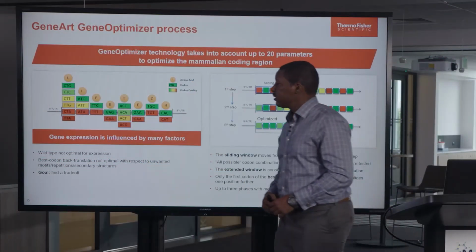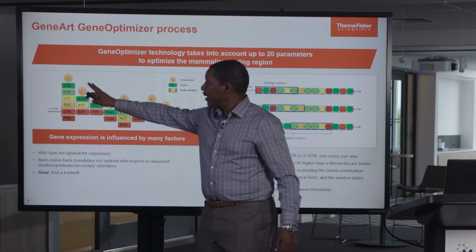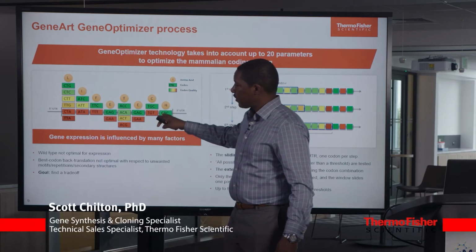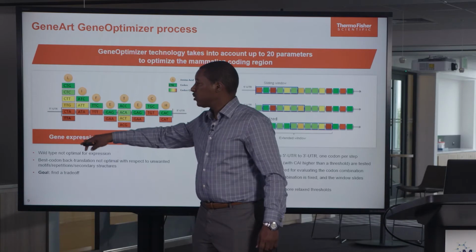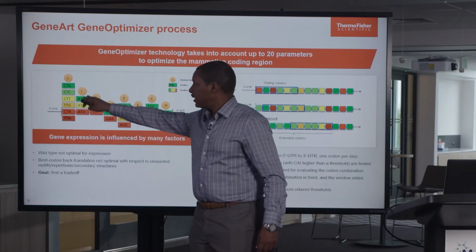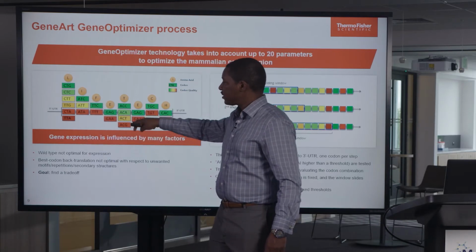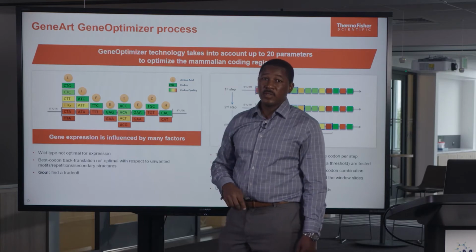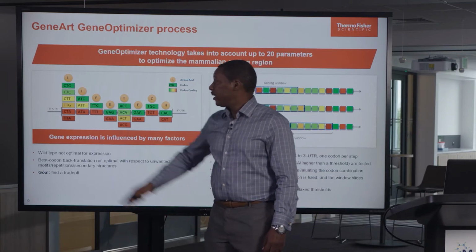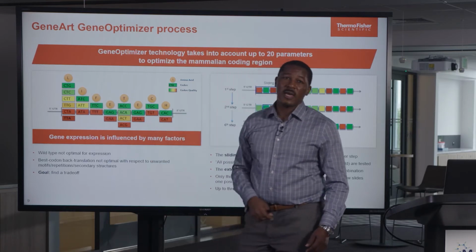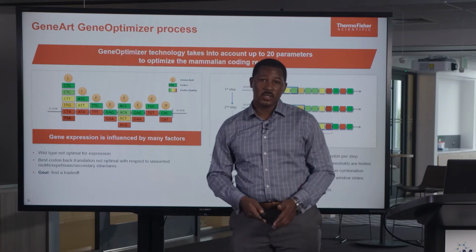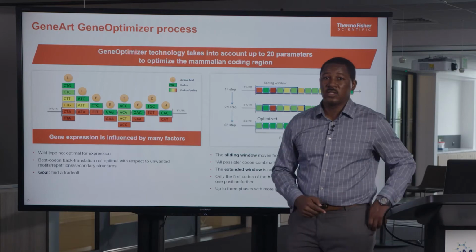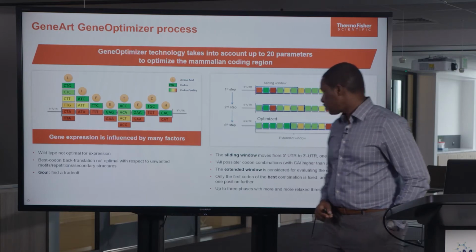And so it's really trying to find that trade-off. So if we look at this example here with this amino acid sequence that spells out LifeTech, in the wild type, we may have some less than optimal codon usage, and then we have an idea of what the best codons would be for our particular host system. But we can't make all these green necessarily because that could create repetitions, it could create unwanted motifs, might create secondary structure that would also affect how well the gene is actually expressed.